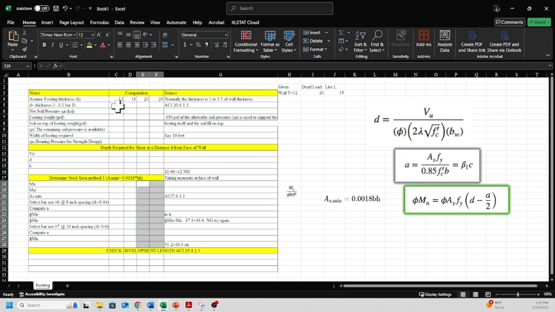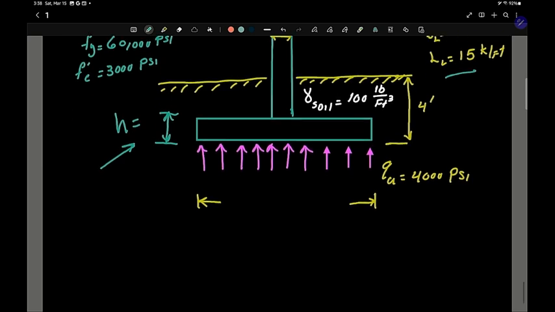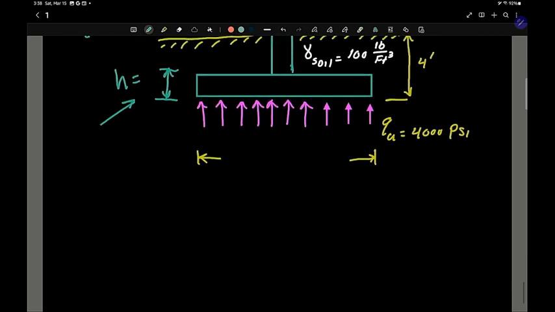The next thing we're going to do is calculate d. So I'm just going to move back and forth between writing and Excel. I'm just going to calculate for this one, and then we enter the other ones by itself using Excel. So our d is equal to h minus cover.